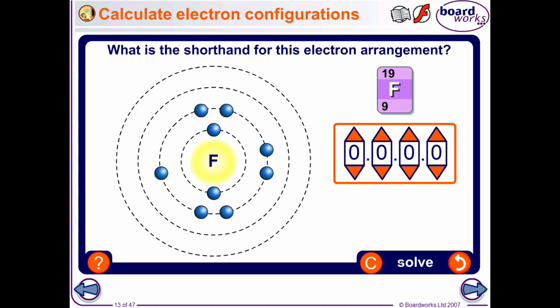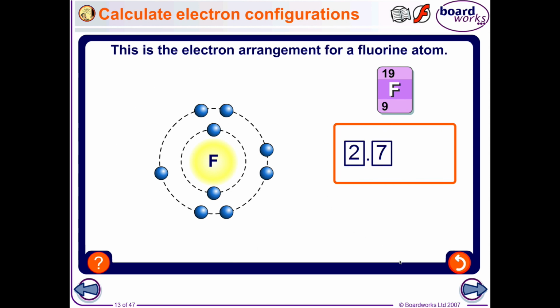It would be incorrect of me to put 1 electron in the first shell and then try to put 8 electrons in the second shell, because you can't move on to the second shell unless the first shell has been filled. Now, instead of drawing the full electron configuration out like I have done on the left, you can use an abbreviation or a shorthand, and 2,7 is a shorthand way of writing what you can see on the left hand side in the diagram.